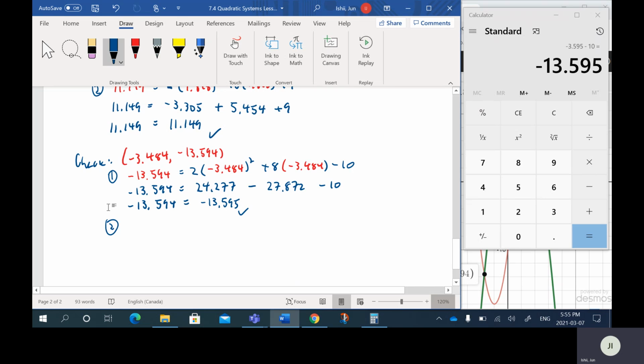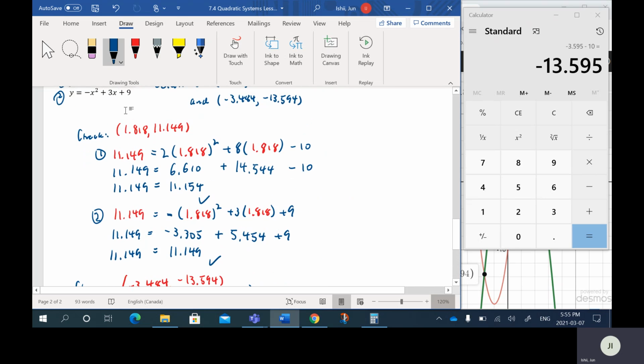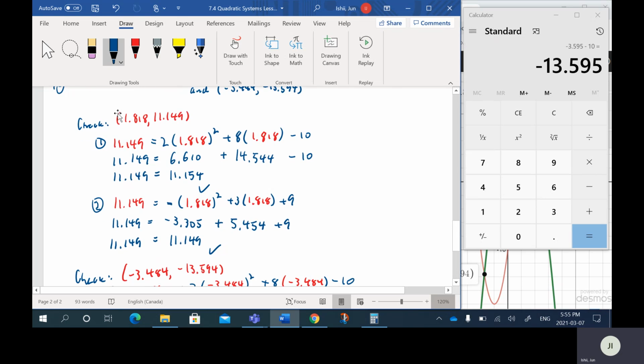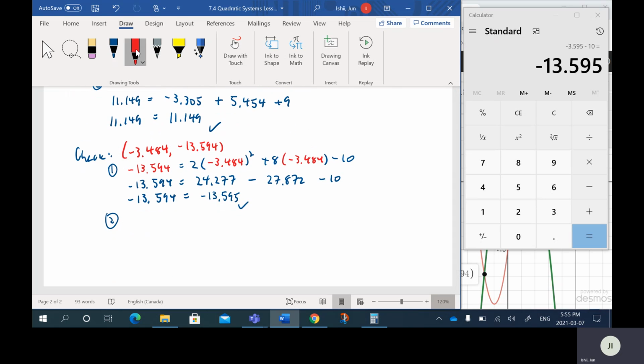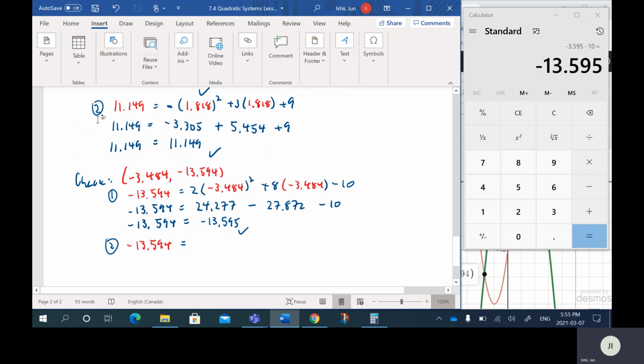All right, and finally we need to sub this one into the second equation here. So y equals negative 13.594 equals. All right, so what's this equation here? This is negative x squared.